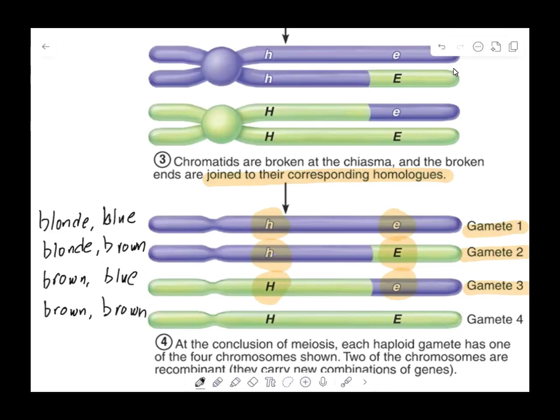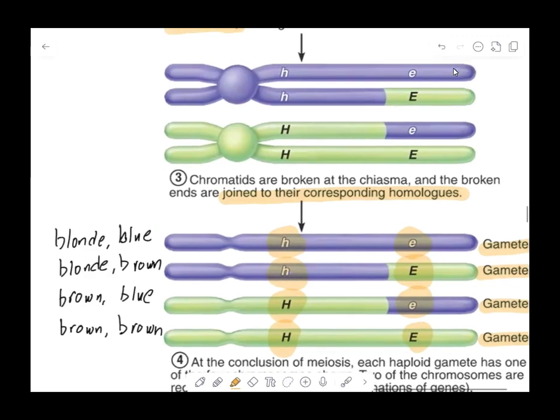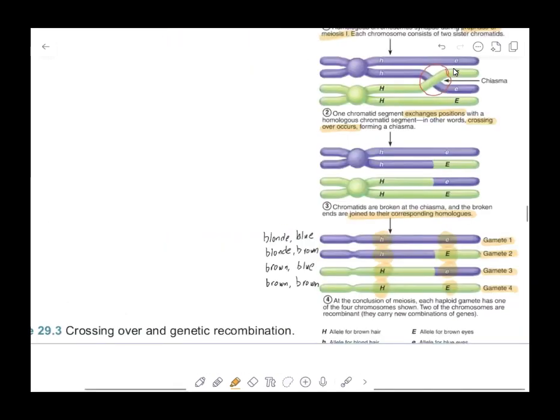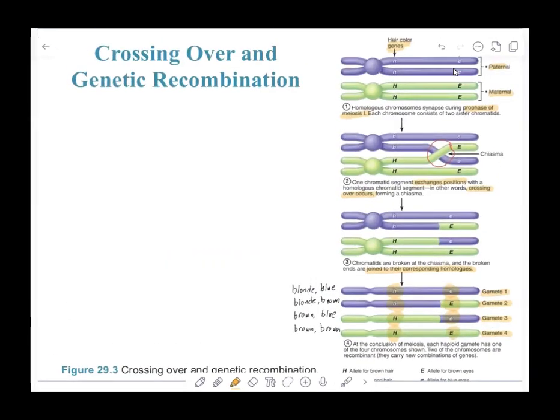So both of the alleles are going to be dominant here for gamete 4. So when the chromatids segregate, each gamete will receive a unique combination of the parental genes. So that is the second source of genetic variation.